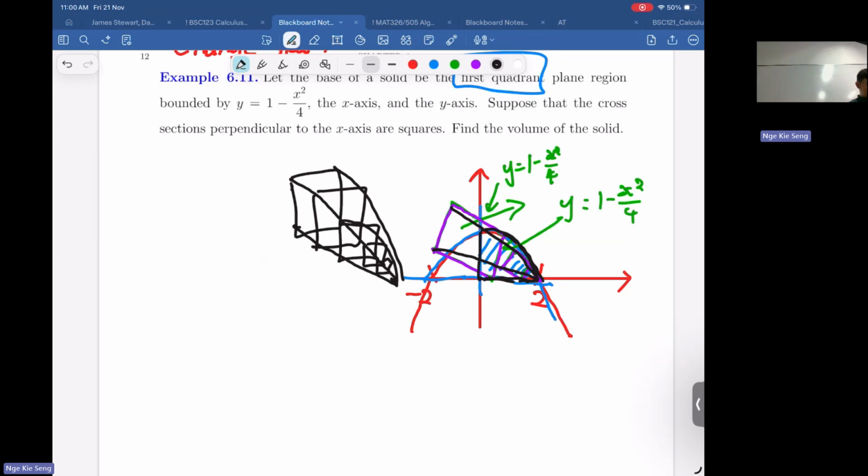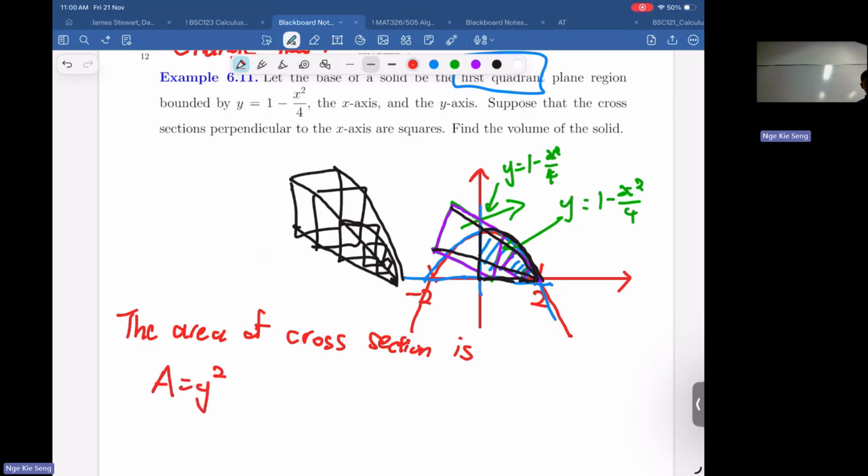So the point here is you need to figure out the area of the cross-section. What's the area of the cross-section here? It is given by y squared, which is 1 minus x squared over 4.